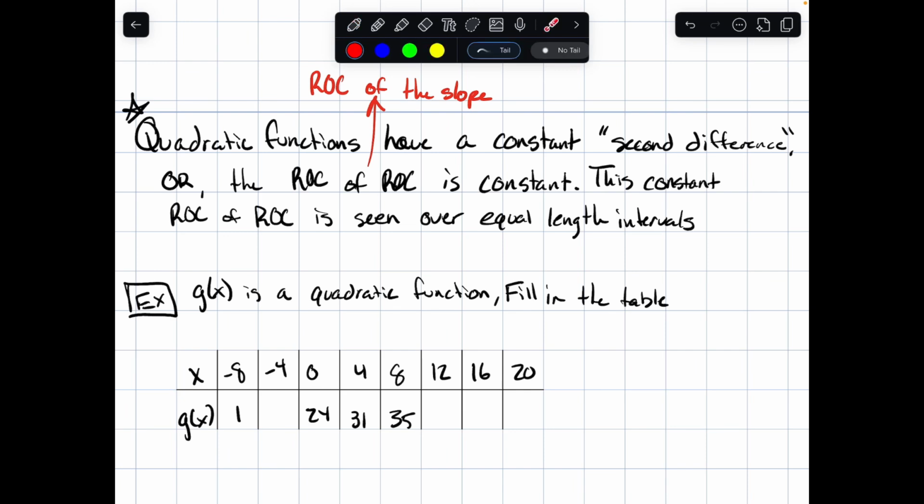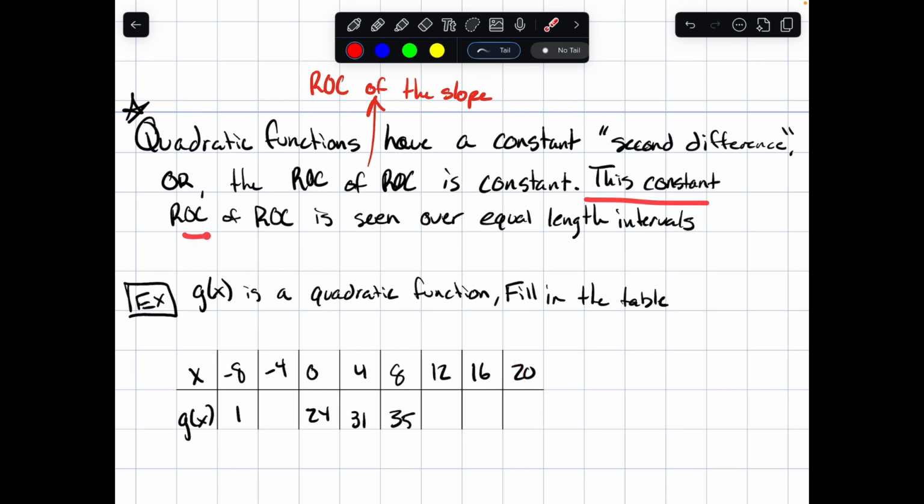So in quadratics, the slopes are obviously changing. It's not one straight line. It changes over time. You know, it starts negative, then 0, then positive. But the fun fact about quadratics is the rate at which the slope changes is constant. And we're going to look at what that means in this question down here.